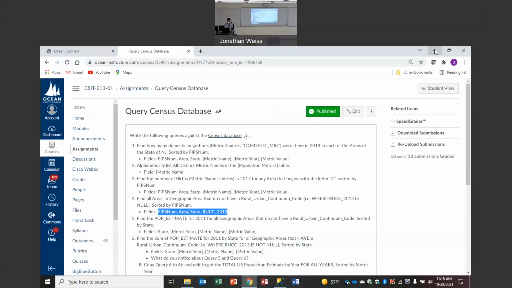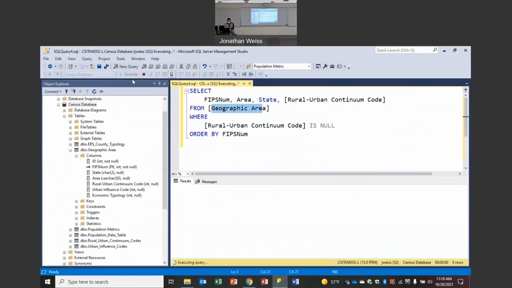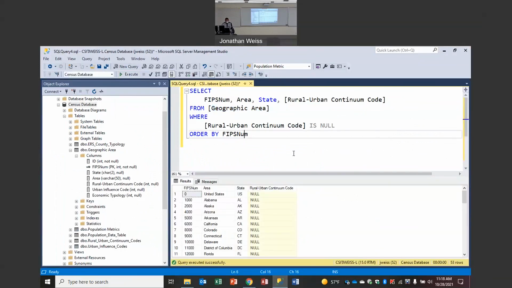So order by FIPS num. In this case, we only have one table here, so FIPS num is unambiguous. And this query would have yielded the right results.